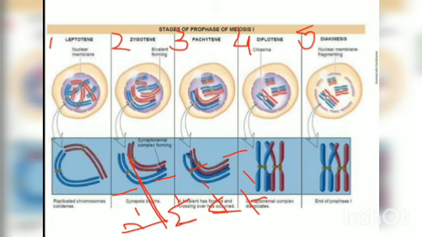Again, repeat with me: leptotene, zygotene, pachytene, diplotene, diakinesis. Clear? After completion of these 5 sub-stages of prophase 1, we go to the rest 3 phases: metaphase, anaphase, and telophase 1 of meiosis 1.